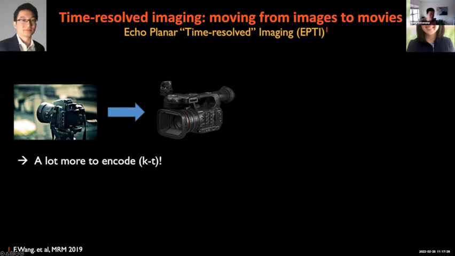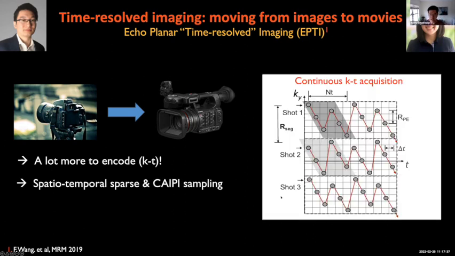With this idea, we're going to have a lot more encoding to do. There's a large k-t space to sample, and we have to come up with a nice way to sample this. So we've developed this continuous k-t acquisition and spatiotemporal subsampling utilizing controlled aliasing as well as incoherent aliasing.